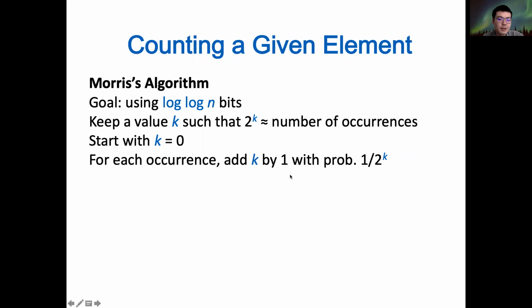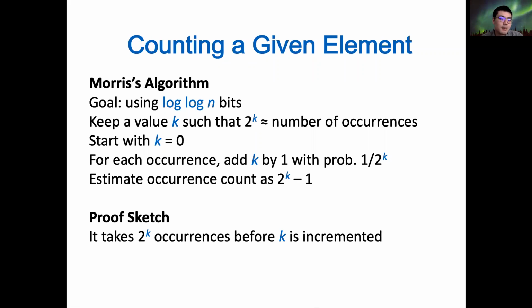What you do is, when you see an apple, you increment k with probability 1 divided by 2 to the power k. Which means if your counter k is higher, then the probability that you increment the counter is lower, even though you see the apple. Then you can estimate the occurrence count as 2 to the power k minus 1. It's kind of close to 2 to the power k. This is almost equal.